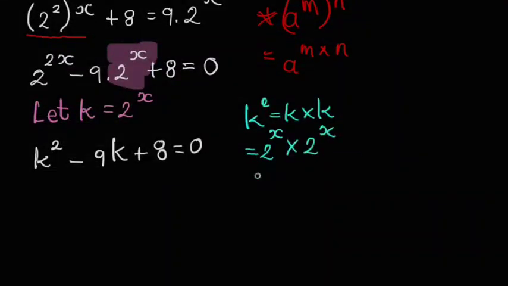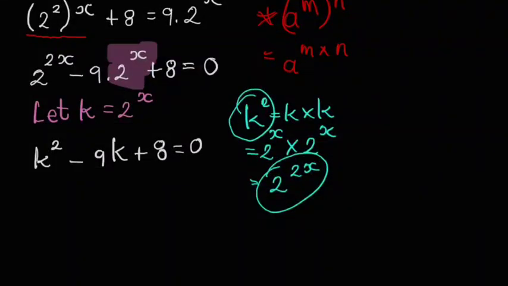So we're taking 2 to the power x and multiplying it by itself. Laws of exponents states that when we are multiplying bases that are the same, we add the exponents. So x plus x is going to be 2x. Here you can see 2 to the power 2x is replaced with k squared since they are equal.